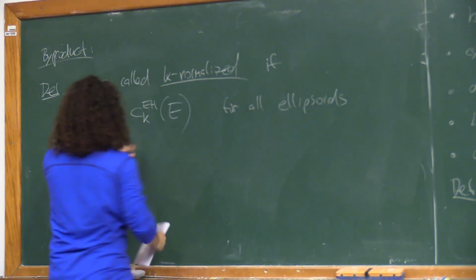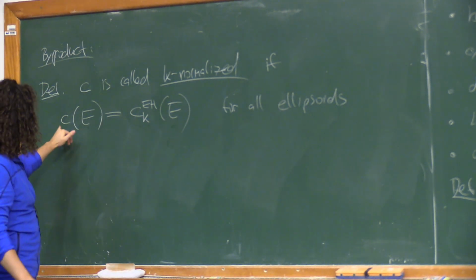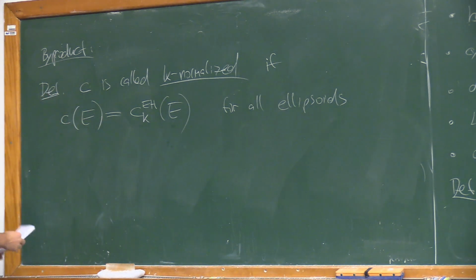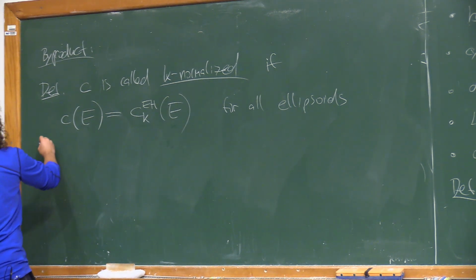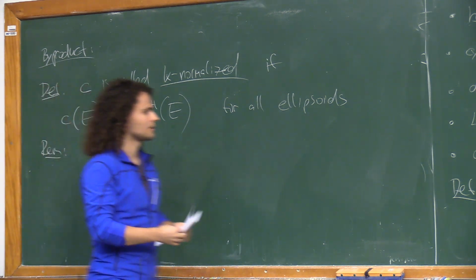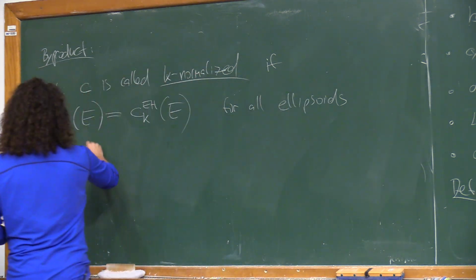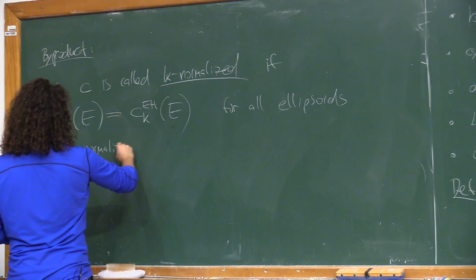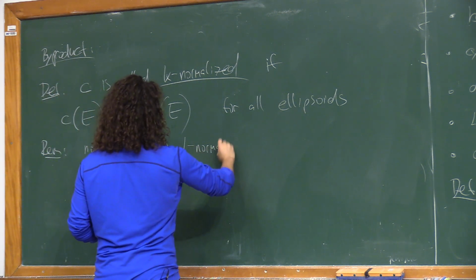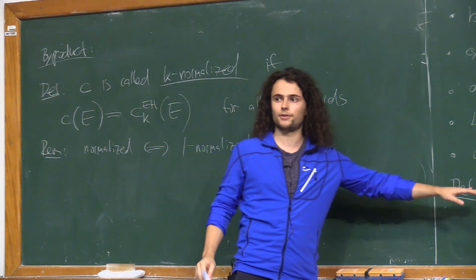So we have this sequence of capacities, the equivariant Hofer capacities, and one could require that our given capacity should agree with that on all ellipsoids. And with this definition, I can remark that normalized, in the sense here, turns out to be the same as 1-normalized. So we can view this as an extension of this definition.